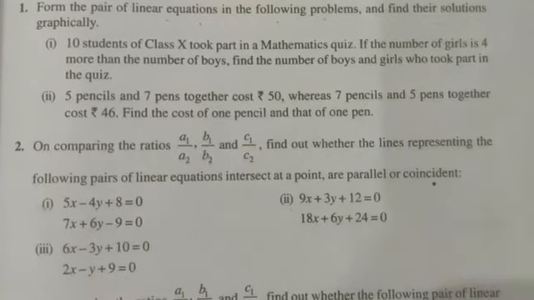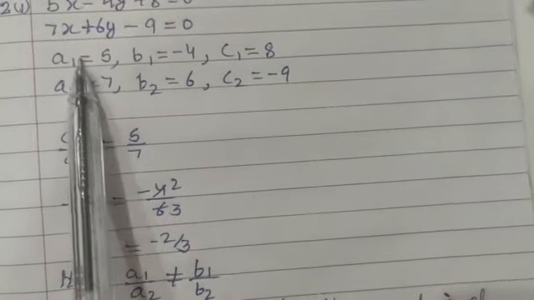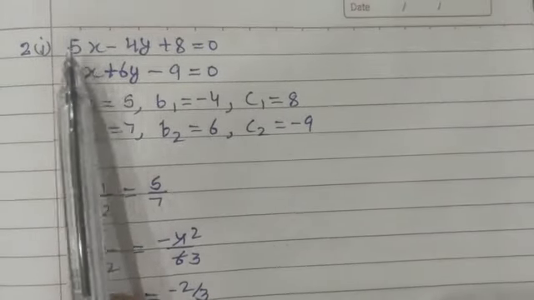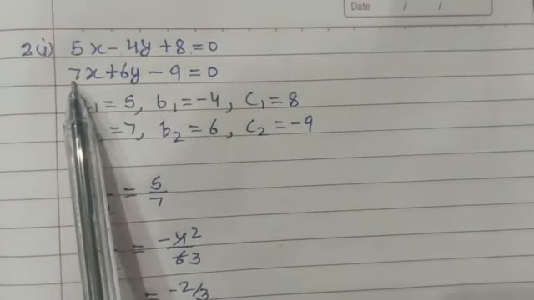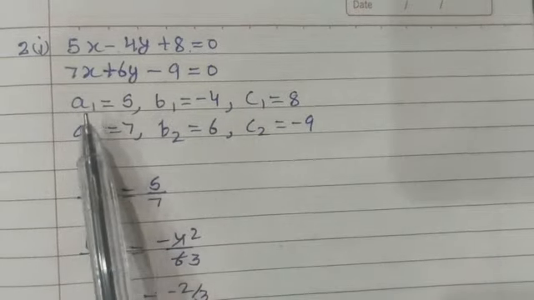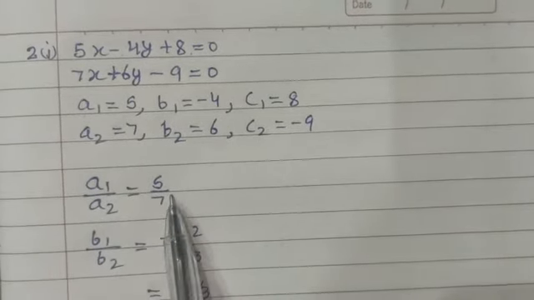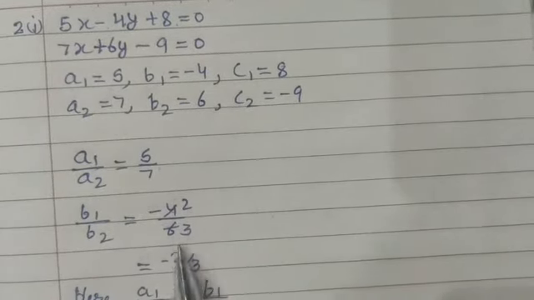We will find the ratios a1 upon a2, b1 upon b2 and c1 upon c2. Here a1 is 5, b1 is minus 4, c1 is 8, a2 is 7, b2 is 6 and c2 is minus 9. Now a1 by a2 is 5 by 7 and b1 by b2 is minus 2 by 3.